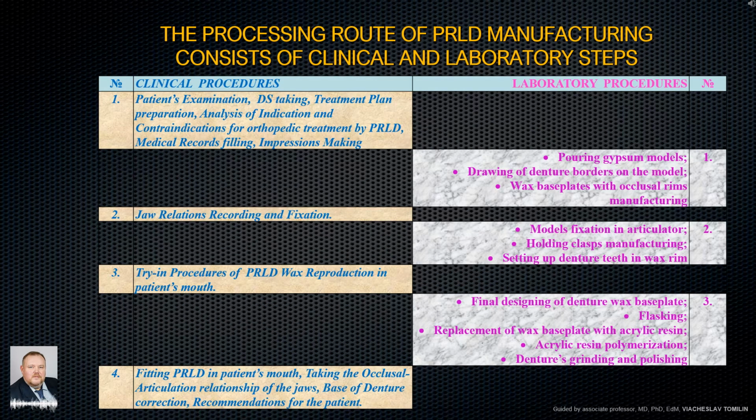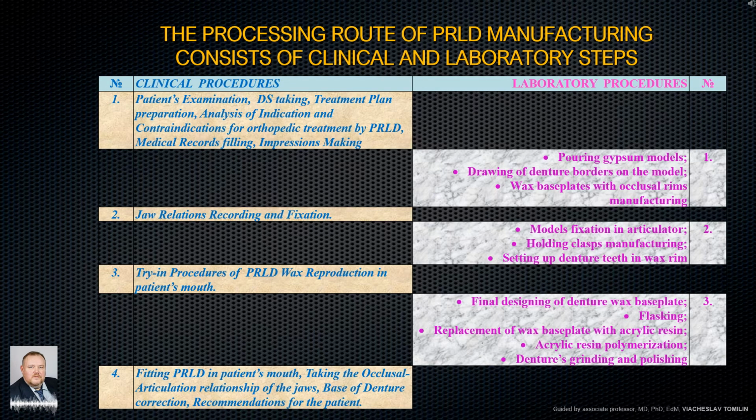The processing route of partial removable laminar denture manufacturing consists of clinical and laboratory steps. Clinical procedures. 1. Patient's examination. Diagnosis taking. Treatment plan preparation. Analysis of the indications and contraindications for orthopedic treatment by partial removable laminar dentures. Medical records filling.